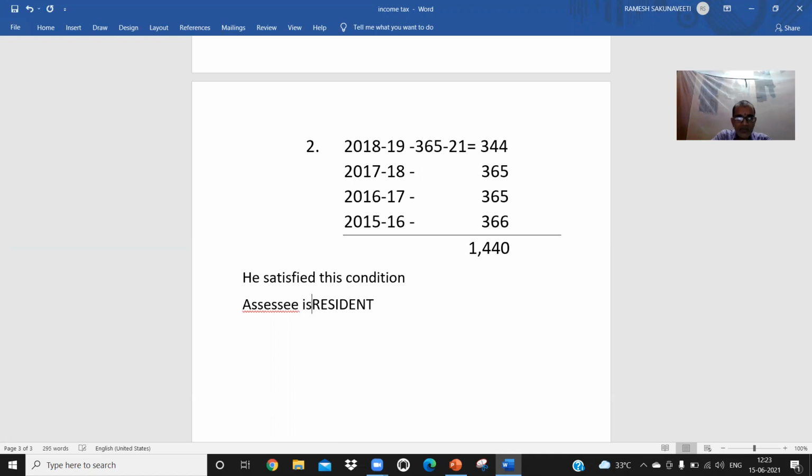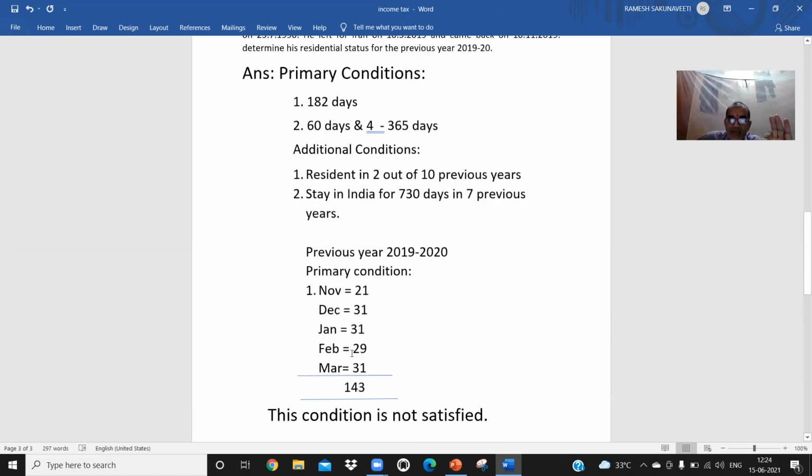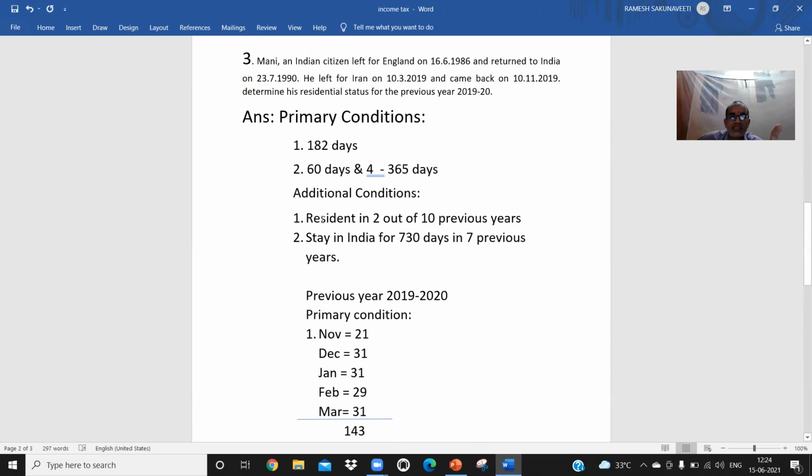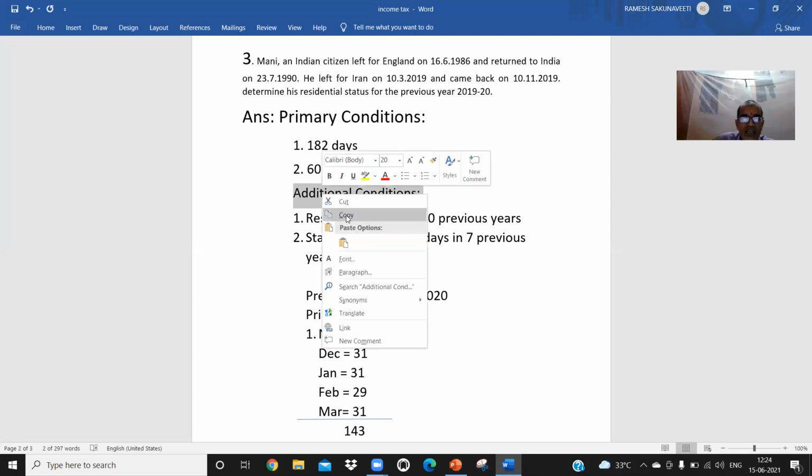The assessee is a resident. Now we have to check the remaining two additional conditions to determine whether he is resident and ordinary resident or resident but not ordinary resident. See, the first additional condition is he should be a resident in 2 out of 10 previous years.